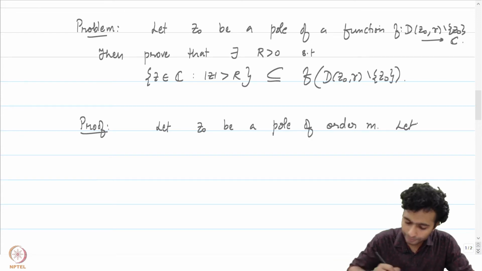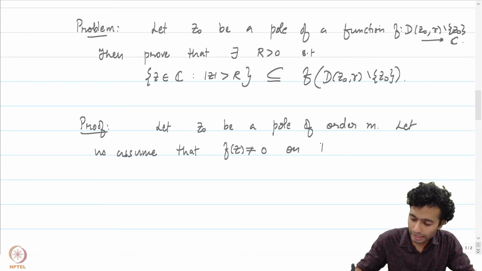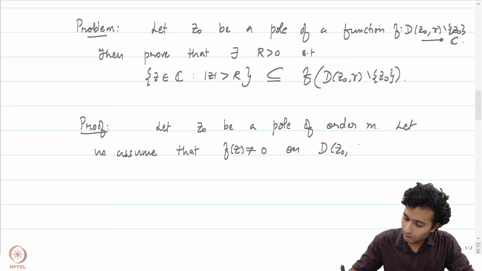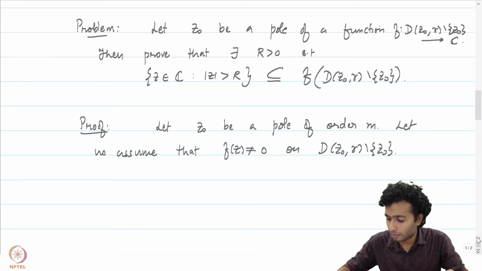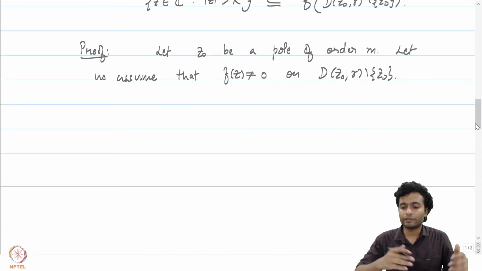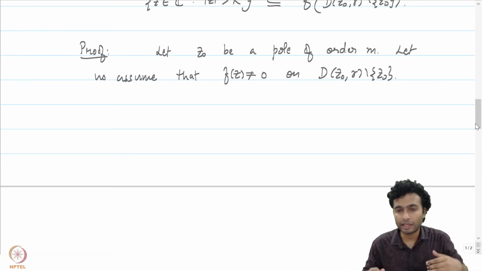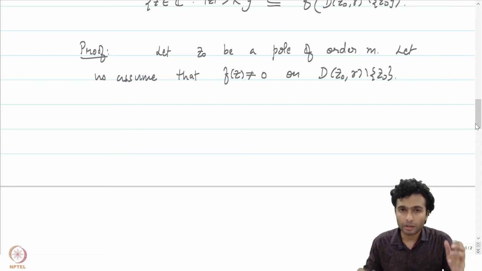Let's assume that f of z is not equal to 0 on D(z0, r) minus z0. This can certainly be assumed because if you shrink it a bit, the fact that the absolute value of f of z blows up exactly means that for some smaller disk it's greater than some capital M.